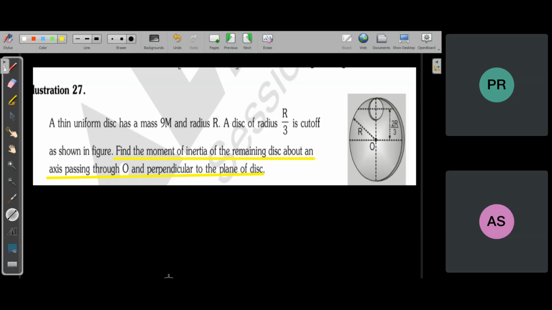These questions will also be asked for center of mass, yes. Center of mass will shift, but that is a different thing. Not moment of inertia, center of mass.